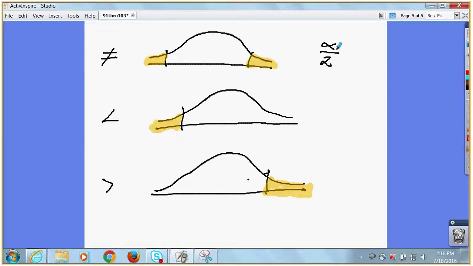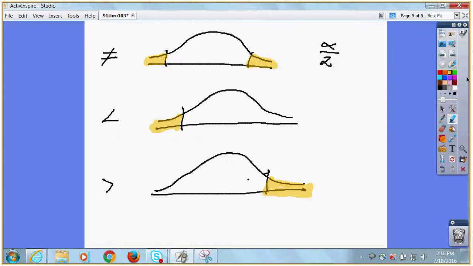Now, what's alpha? Well, alpha is the area that they're giving you in the problem.